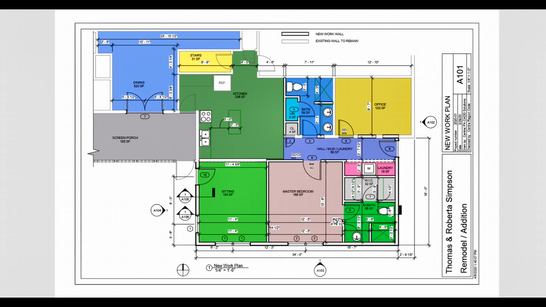A lot of designs will instead have the dimensions that basically go directly to the center of the wall. And that's a nice, neat, easy way to do that too, but it does require the contractor to do a little bit of math as they're laying out the walls.